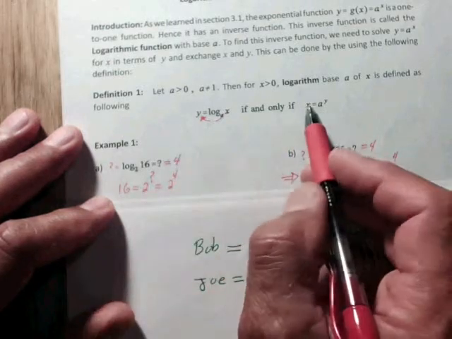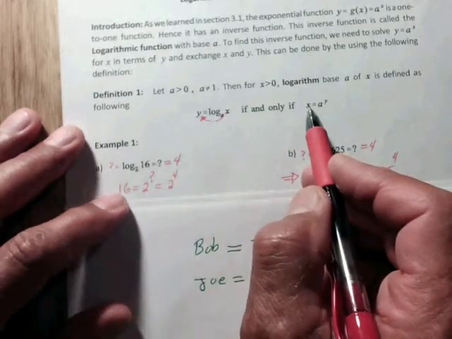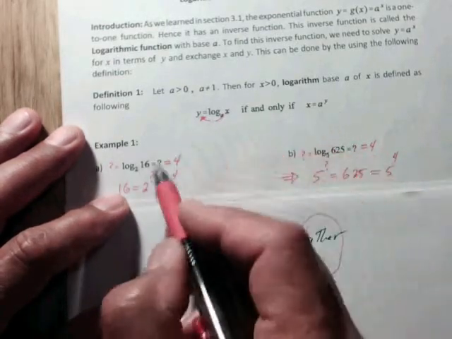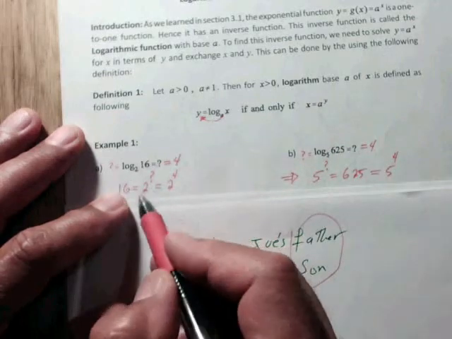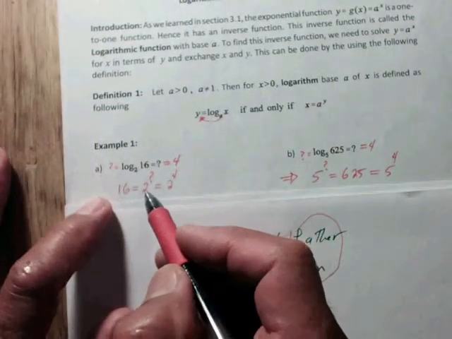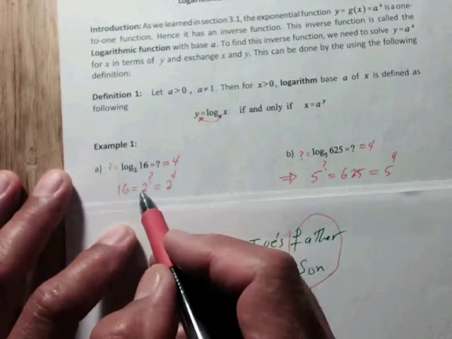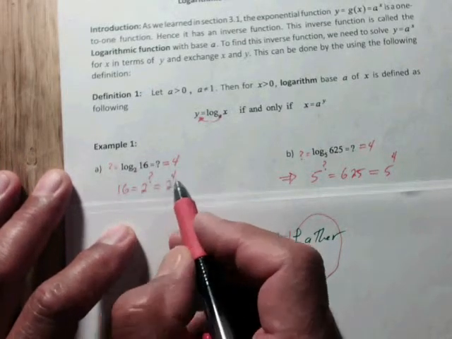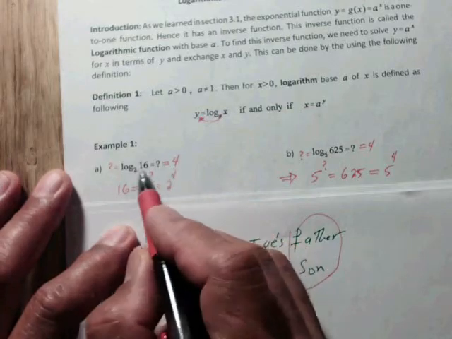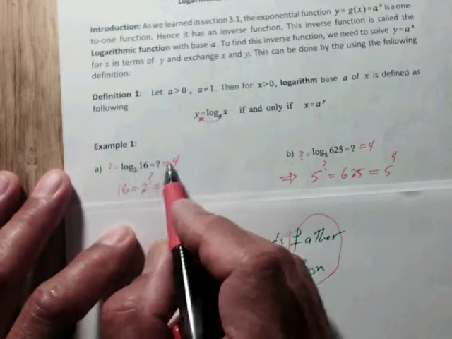I put it in exponential form, so 16 equals 2 to the power question mark. What number should question mark be, so that 2 to that power is 16? That's 4. So 2 to the power 4 is 16, so log of 16 to base 2 is 4.